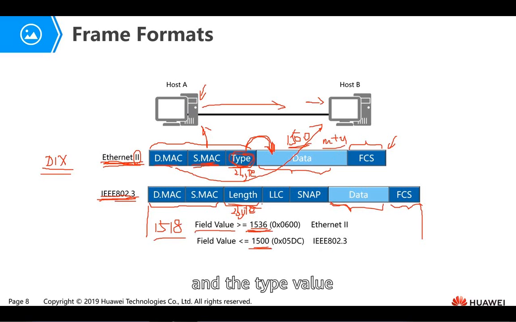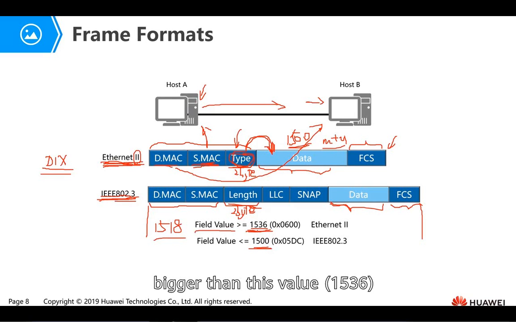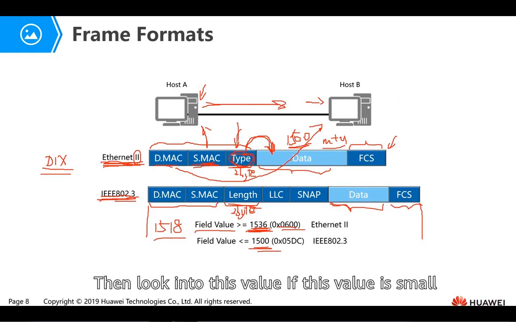And for Ether2, the type value specified should be bigger than this value, and values smaller than this will not be assigned. They are used as the length. So when data is sent from one host to another, the receiving host looks into this value.